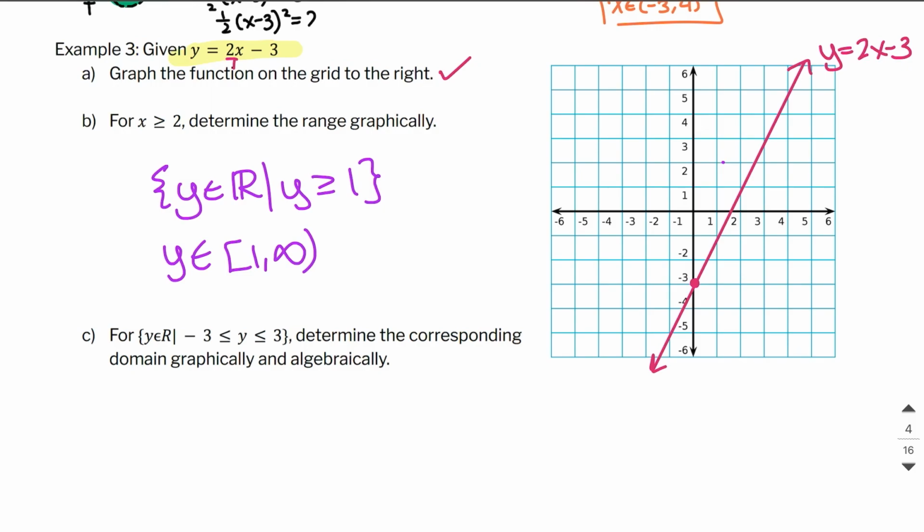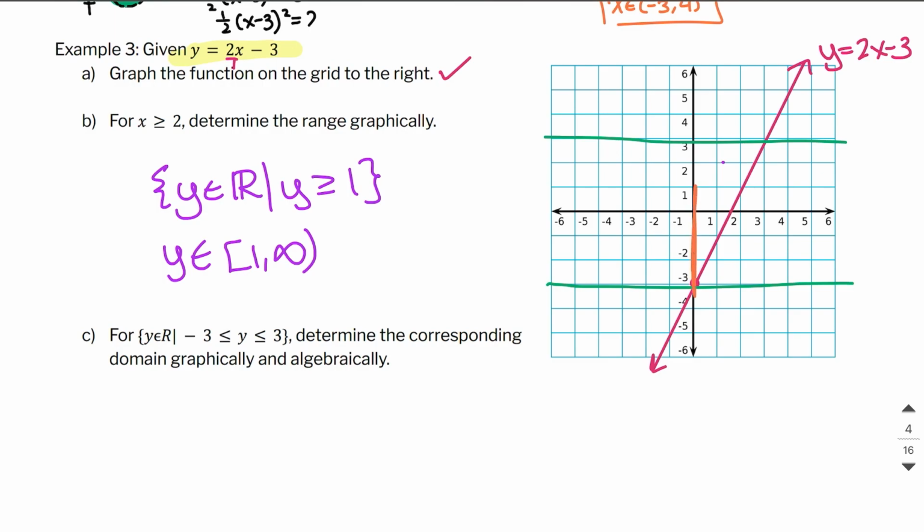Okay, then it says, for y is an element of the reals between -3 and +3, determine the corresponding domain algebraically and graphically. So let's find it graphically first. So when y is between -3, so here's -3 on the y-axis, and +3, what values of x are the corresponding values?